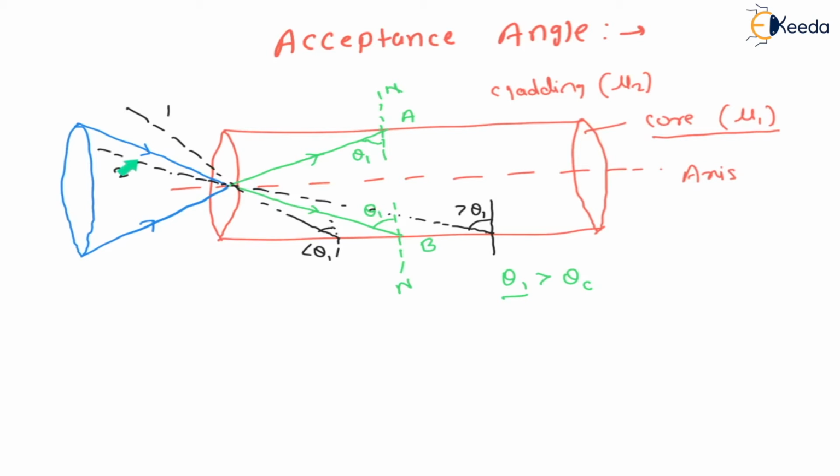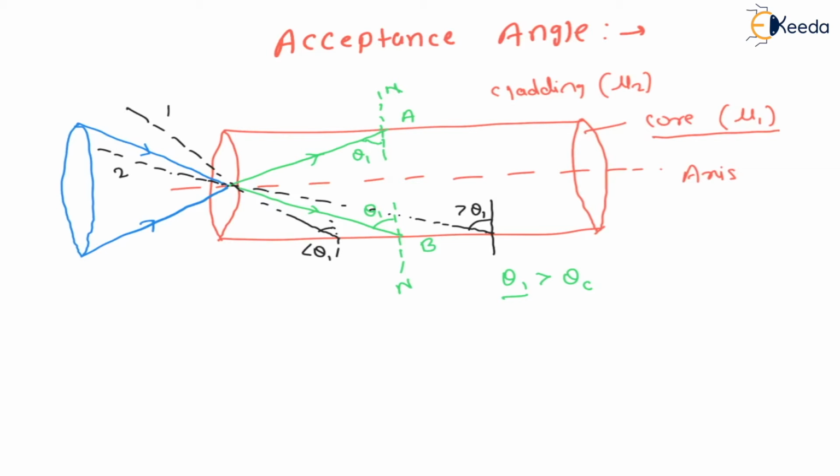All of the light rays which are coming from inside this particular cone will follow total internal reflection, and the light rays which are coming from outside this particular cone, for them there will not be any total internal reflection. So we can say that simply it will be wastage.